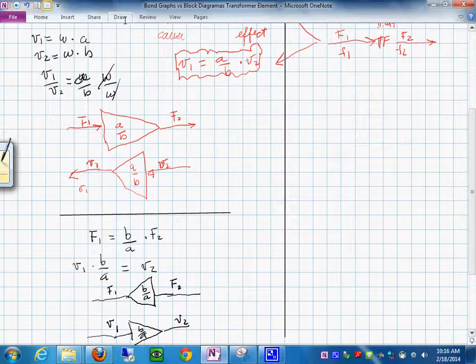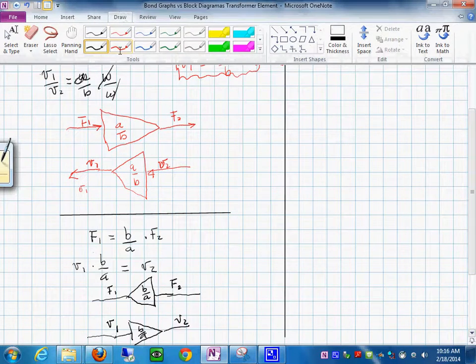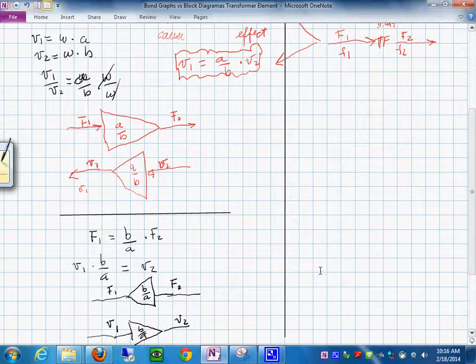The same thing using the bond graph notation. I'll do it consistently here on this side. Here's the TF, like this. On this side, you see F2 would come in like this. And what comes out is F1. The second equation has v sub 1 as the input, and so v sub 1 is the input like this.